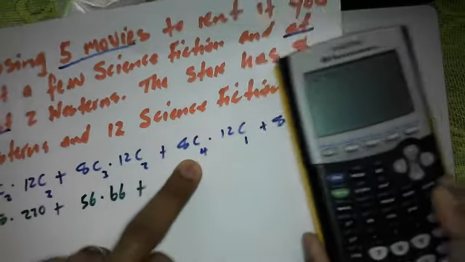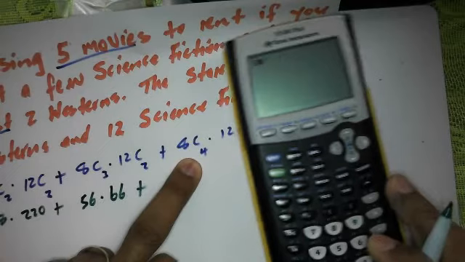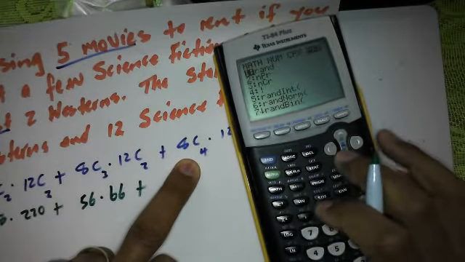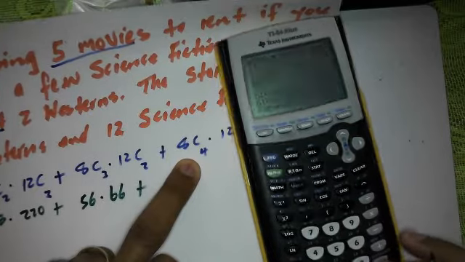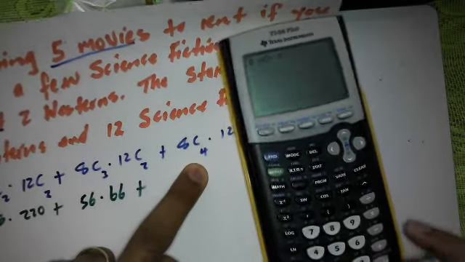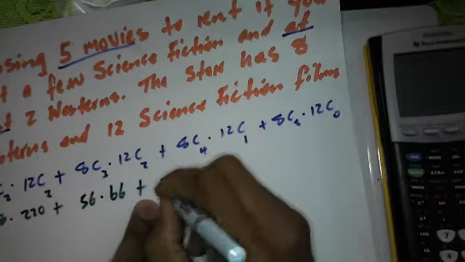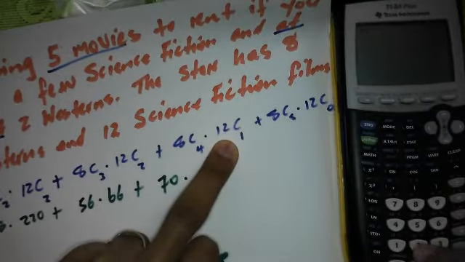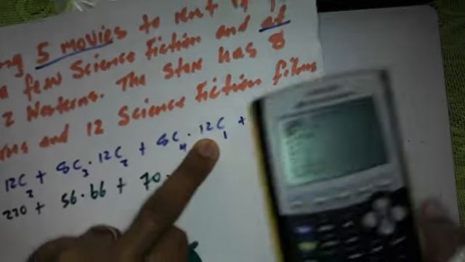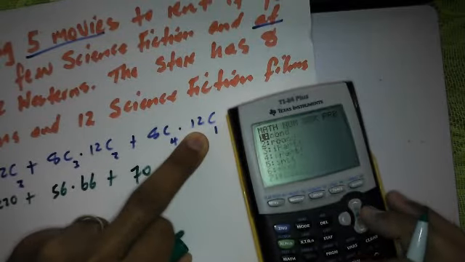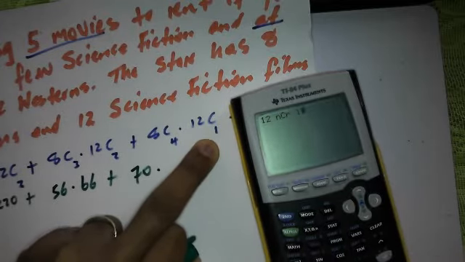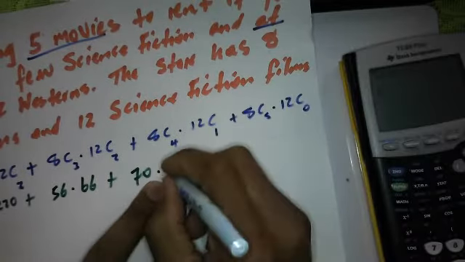plus 8C4, and that is 70 times 12C1, and that would give us 12.